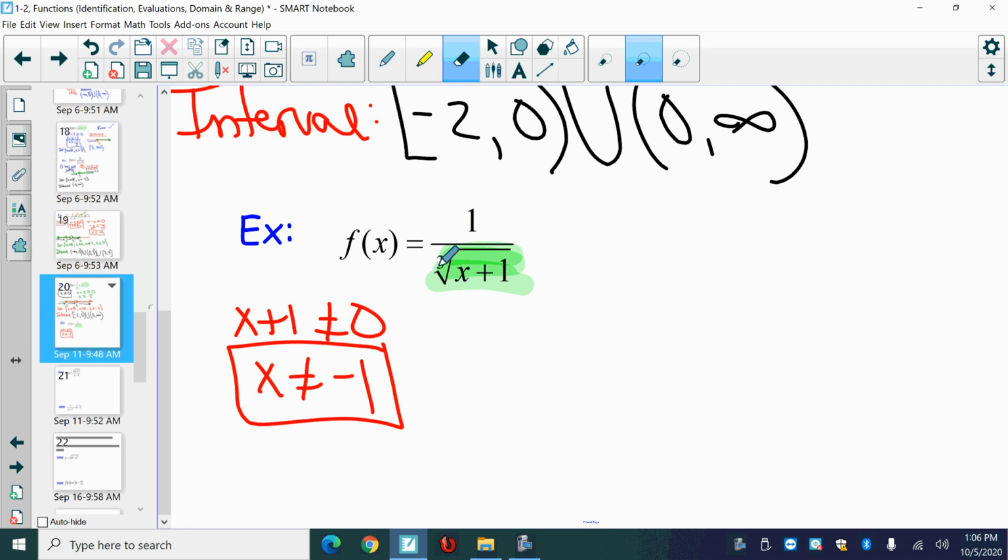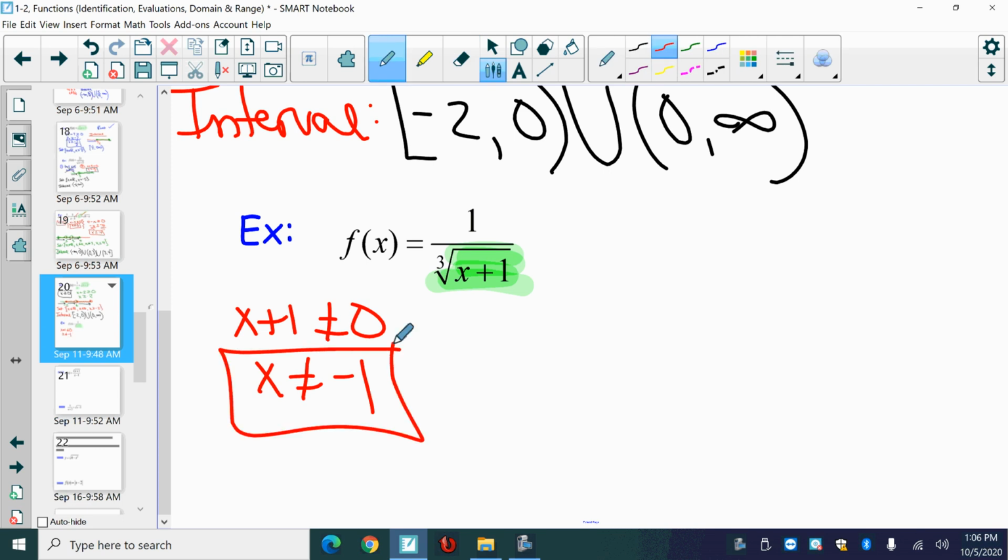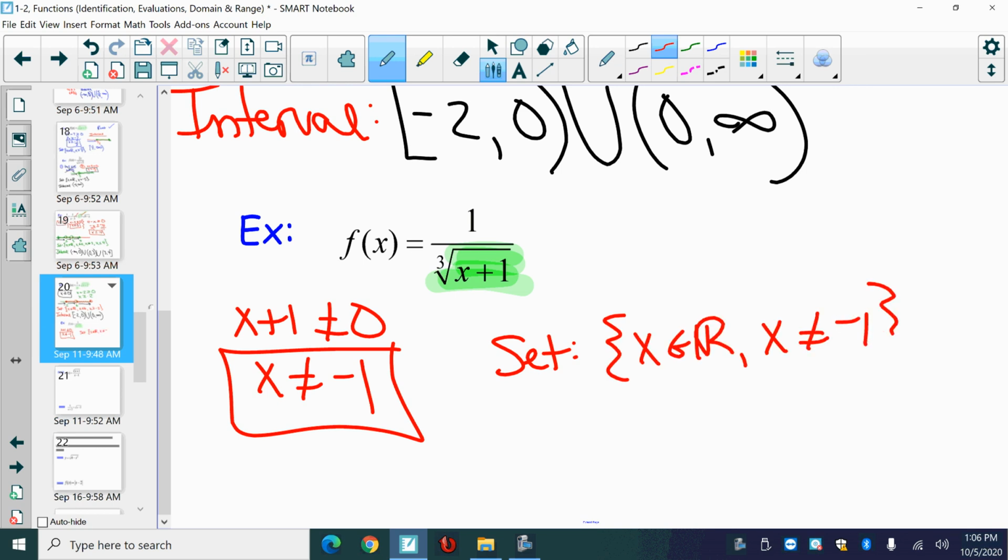That cube root right there indicates that I can take the cube root of a positive number and I can take the cube root of a negative number. So therefore, I have no restriction except for this right here, which is simply that x cannot be -1. So my set notation: x is an element of the reals, and x cannot be -1.